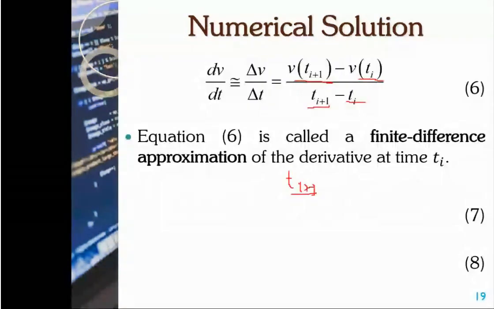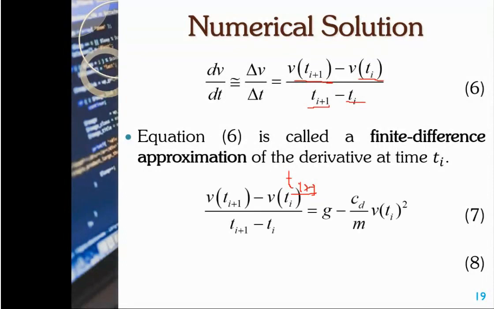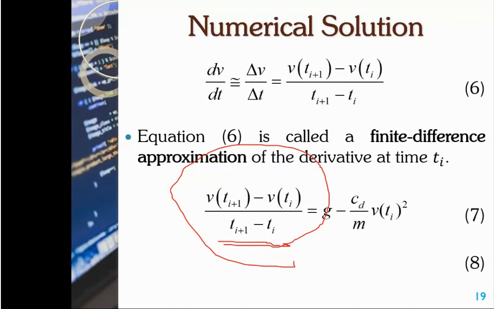So if we are to replace this with the whole of the dv/dt, we are getting something just like this, okay? So remember at first there was a dv/dt, just that we replaced that with this whole expression as we have in here. Now, the idea here is that we are going to find a way to estimate the current velocity, okay?